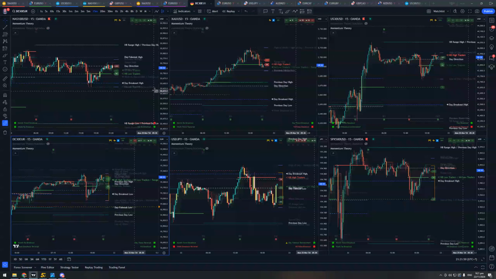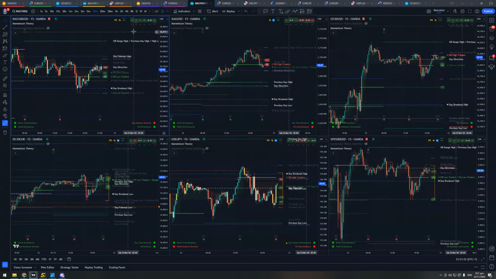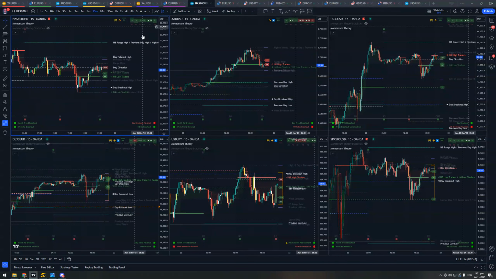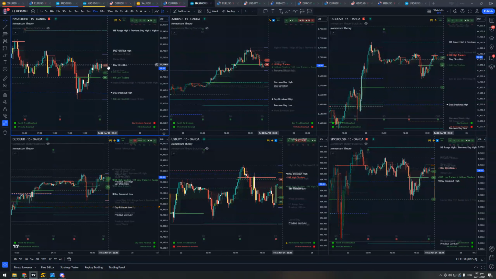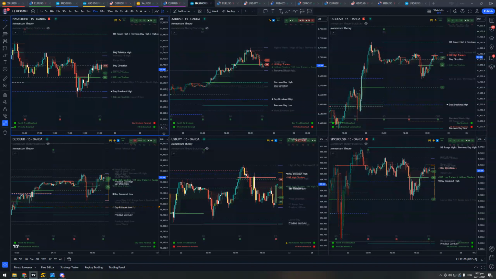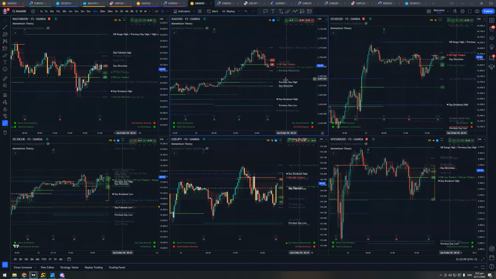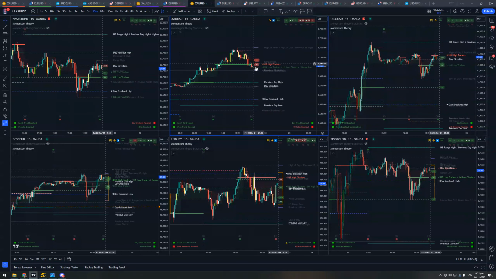So what I'm looking for is I need to see all time frames going in one direction. More so the lower time frames, so the H4, H1, M15, and the H8. I don't really look so much at the monthly, weekly, and daily when I'm scalping, but of course, if you have it all going in one direction, it's even better. So something like gold would be nice.